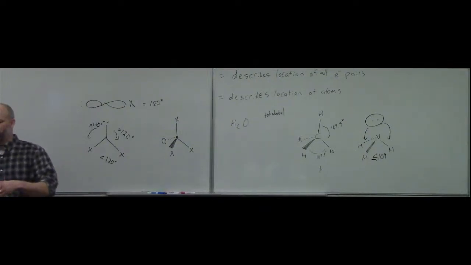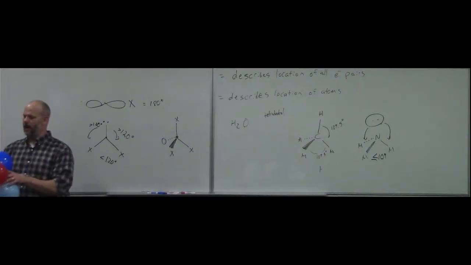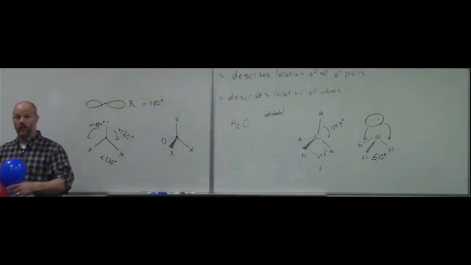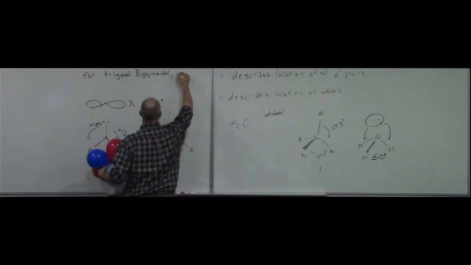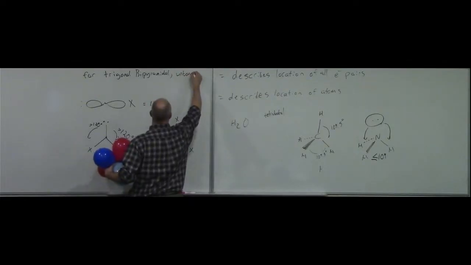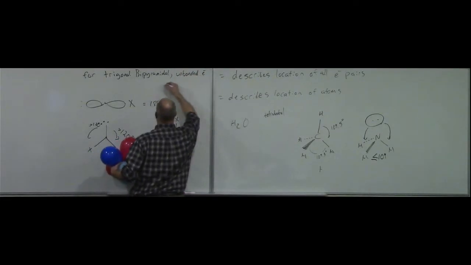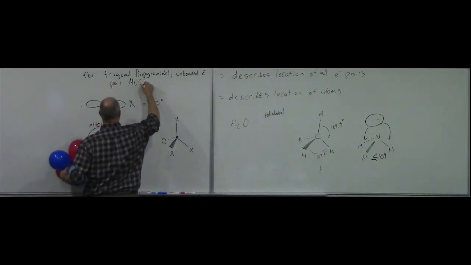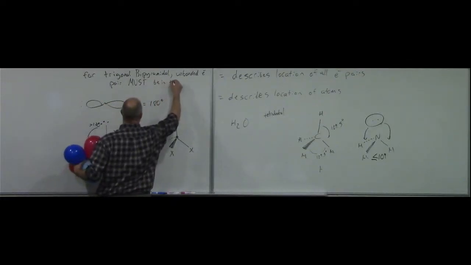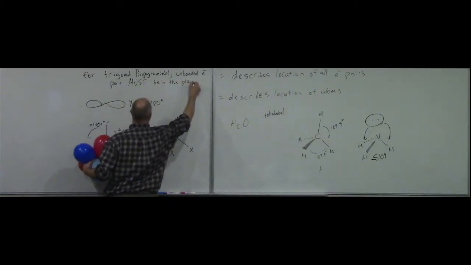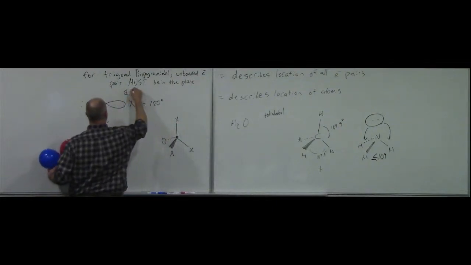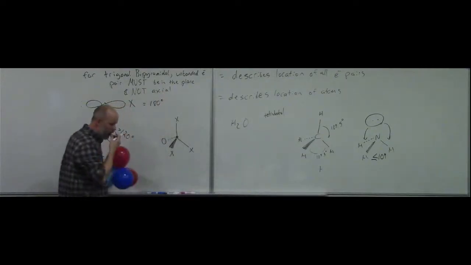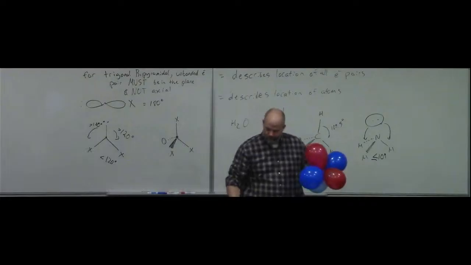So for trigonal bipyramidal, it must be in the plane, because remember, it's repelling more. That's all that's really saying.